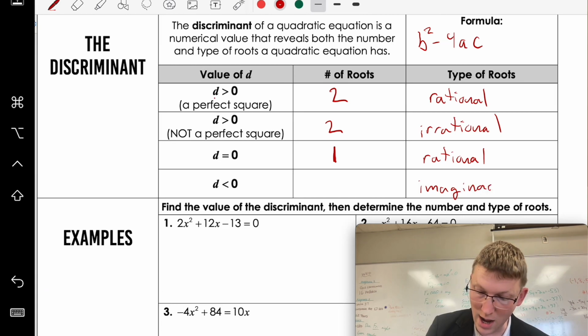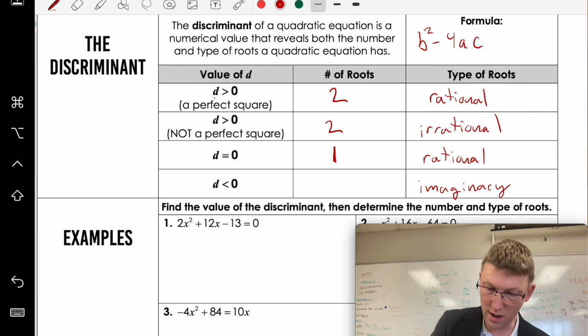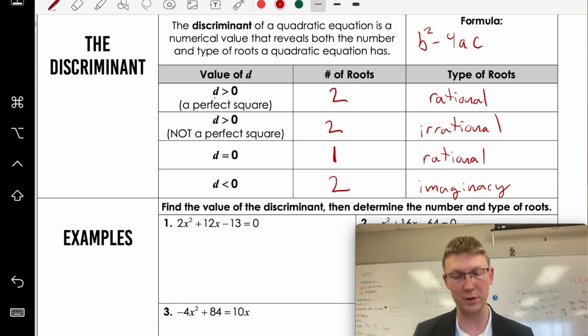So they're going to have an i in them, which makes sense because we got a negative sign under a square root. And again, there will still be two solutions. So the discriminant is a useful tool in helping us decide what strategy to use and what the answer is going to look like. So let's try some examples and see if that helps.